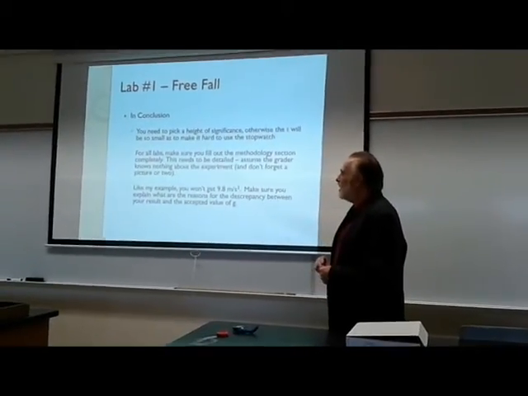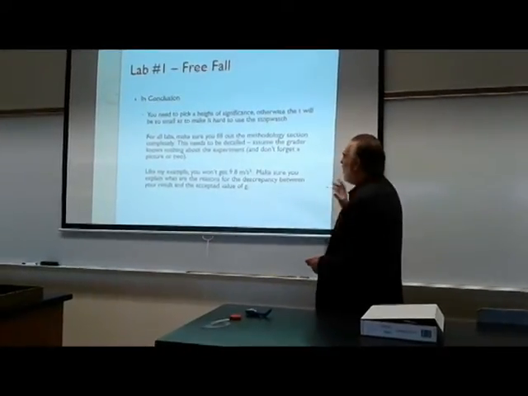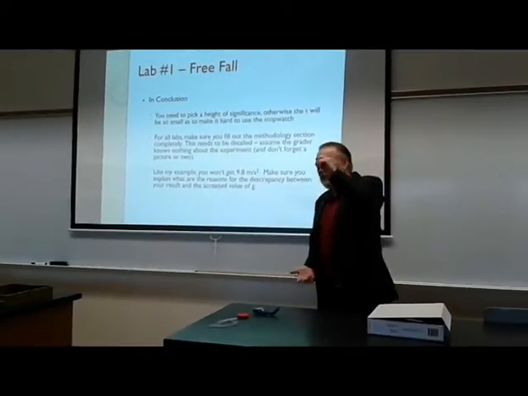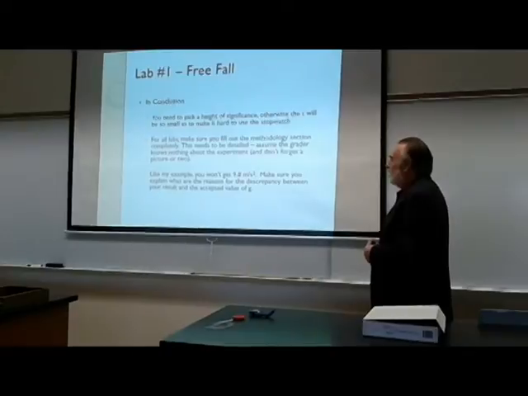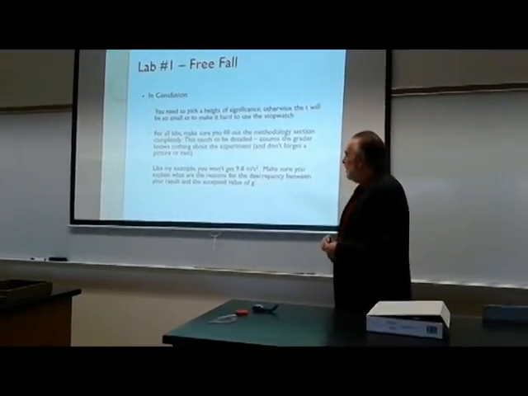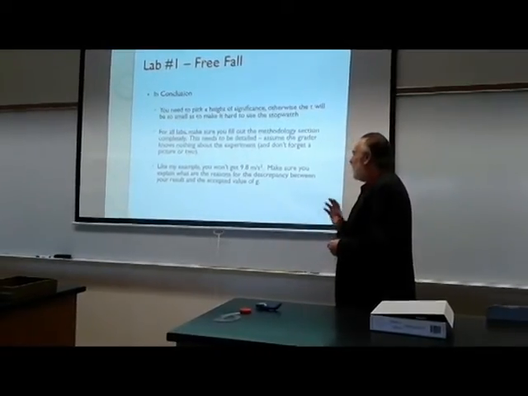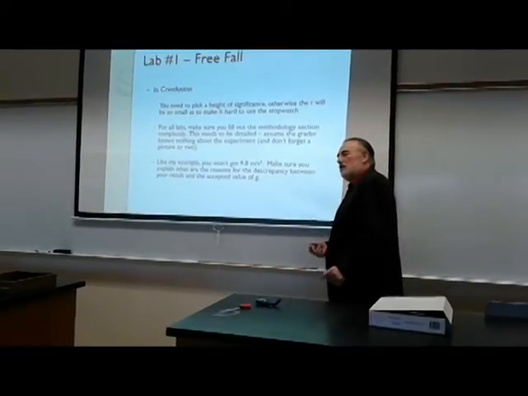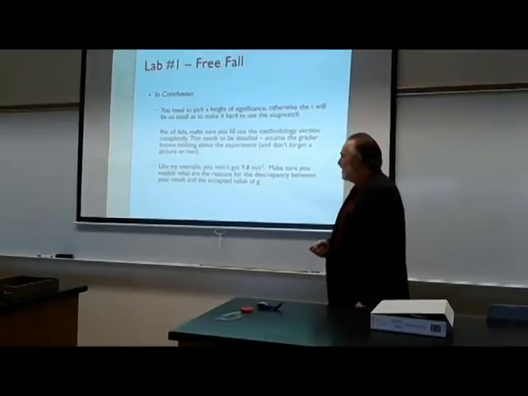So, in conclusion, what you want to do is pick a height of significance. Otherwise, that T is going to be very small and very hard to make use of the stopwatch correctly. You want to fill out the methodology section completely. It needs to be detailed. If it's not detailed with pictures, the grader will not know that you did the experiment correctly or that you even did it at all.